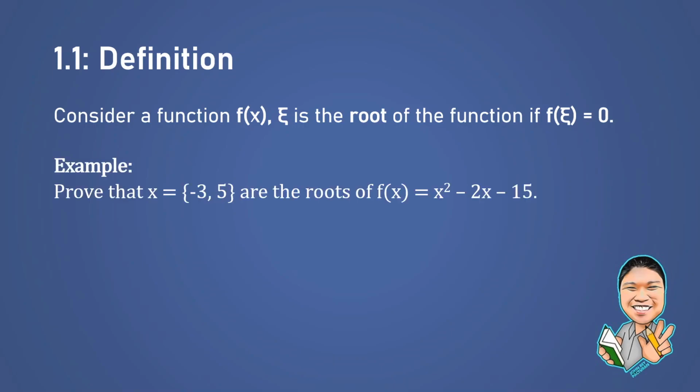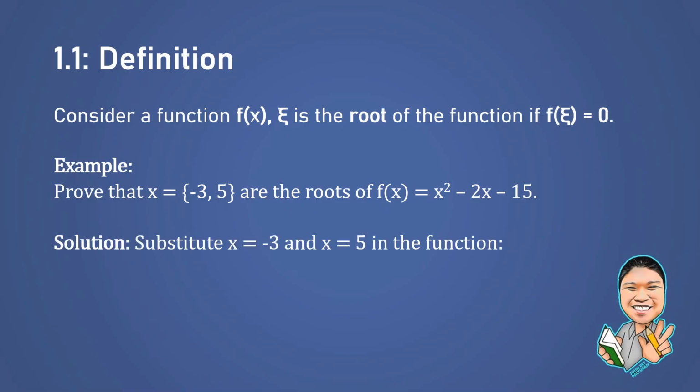For example, prove that the set x of -3 and 5 are roots of f of x equals x squared minus 2x minus 15. So all we need to do is to prove this one. So for instance, i-substitute lang natin both the -3 and +5 in the function. So for -3, f of -3 is equal to (-3) squared minus 2 times -3 minus 15.